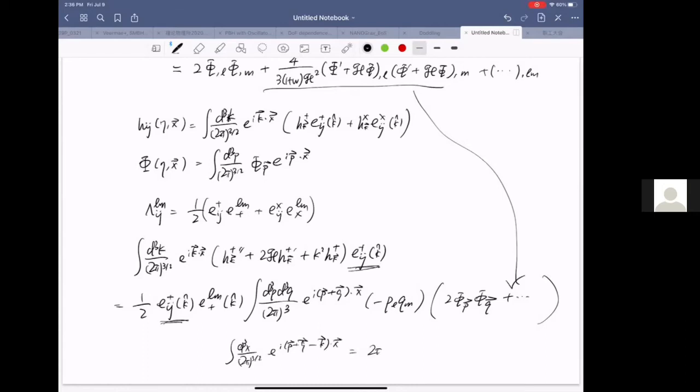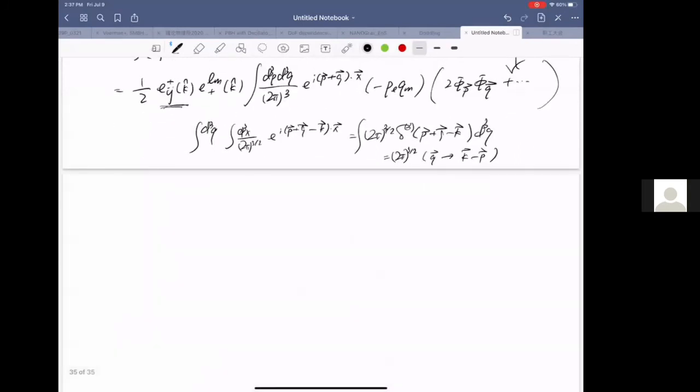So this just gives you the delta function. And you also have the integral of q. So this makes just q equal to k minus p everywhere.